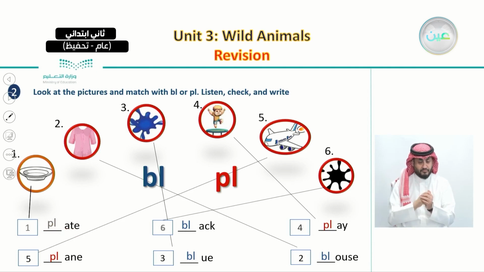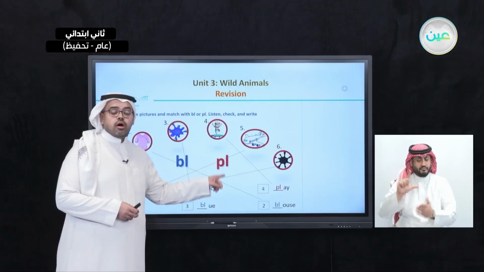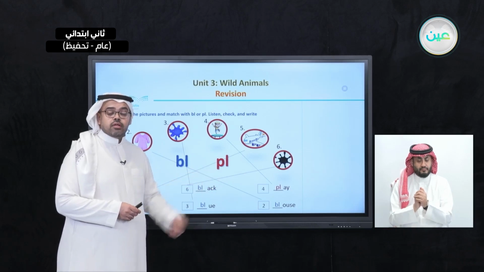The other PL word is play, play. Say it with me, play. And also one last word with the PL sound, which is plane, plane. Say it with me, plane. Very good. So these are the words with the PL sound.